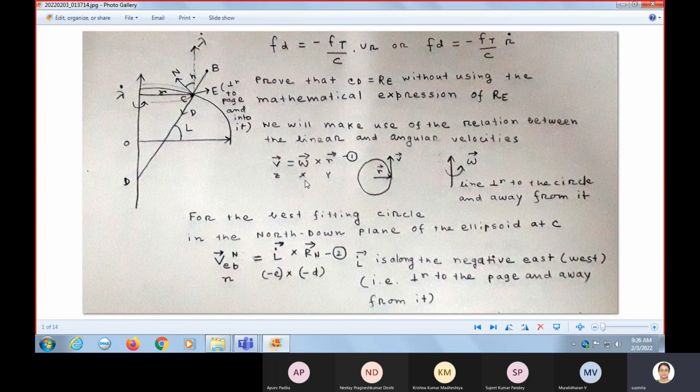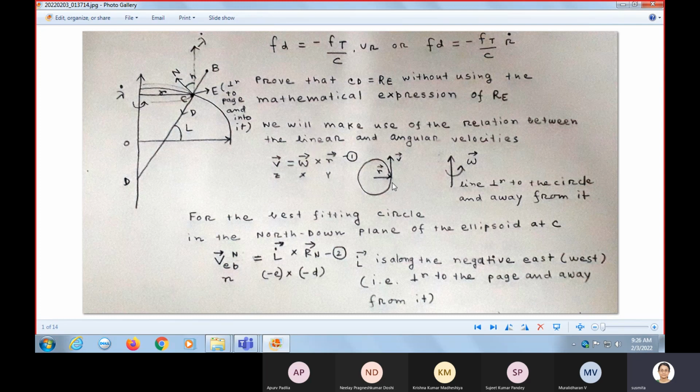For this circle we must have some linear velocity component, and we also have to identify the corresponding omega and r. We know r is Rn, and it is about the negative down axis. This is the down axis, and we are considering r in this direction.